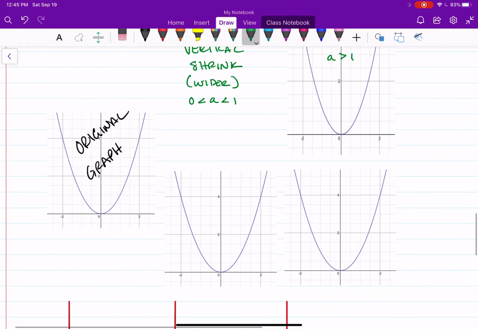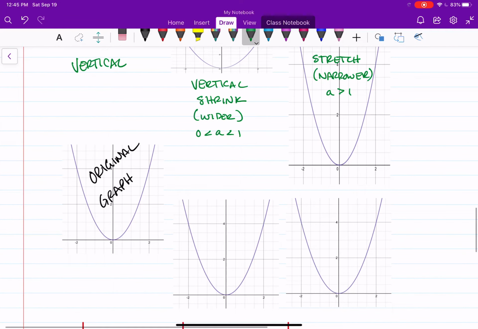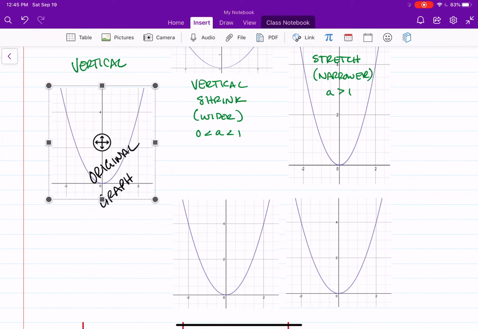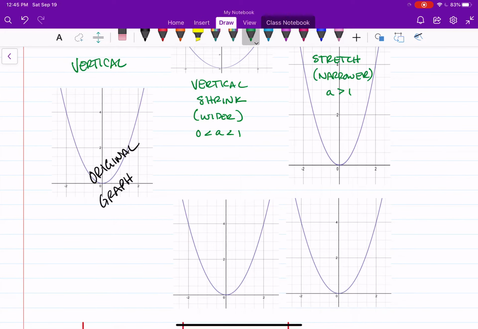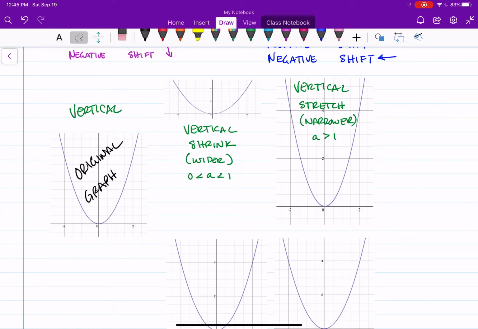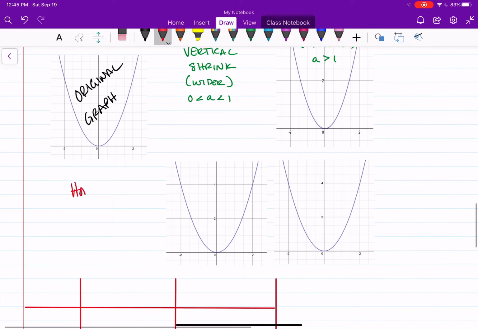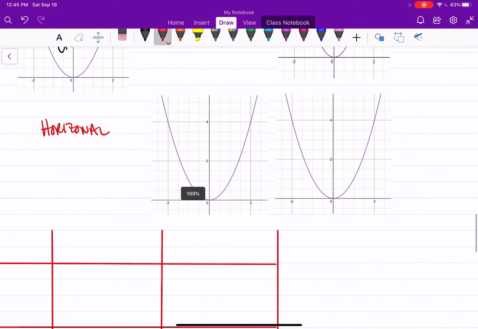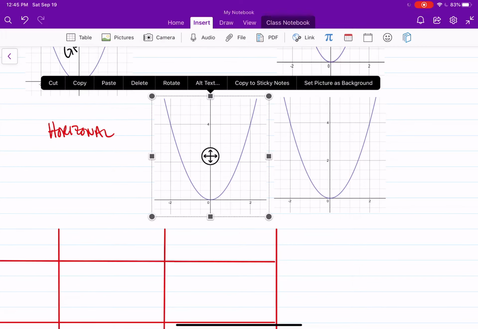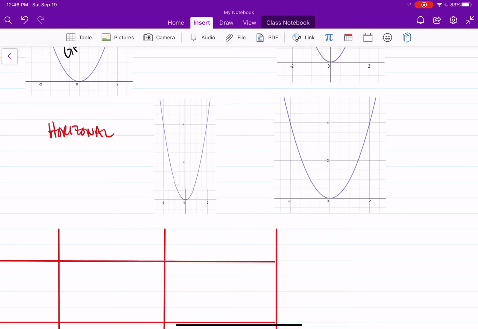All right, so over here, let's talk about, bring this back up over here. Let's go and draw, select original graph, put it in here, and then red. So this is going to be horizontal. Okay? All right, so let's talk about horizontal. So horizontal shrink means that from left to right, I'm going to shrink. So it's going to look something like this.